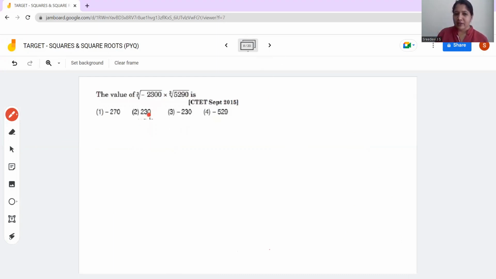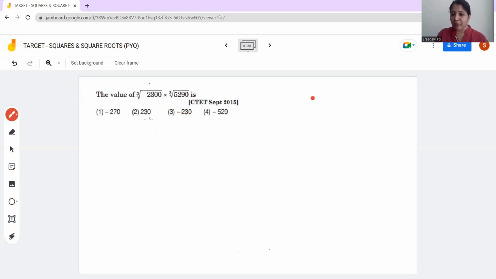Next question. The value of cube root of minus 2300 into cube root of 5290 is. Here also we can club and find out, or if there is any easy way to find out, we will do that as well. Let us see how to do it. Before that, I have already informed you that you have to learn by heart the cubes up to 10.